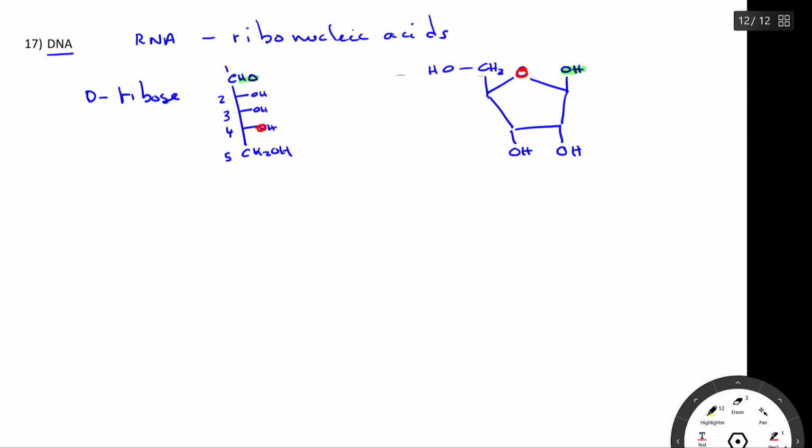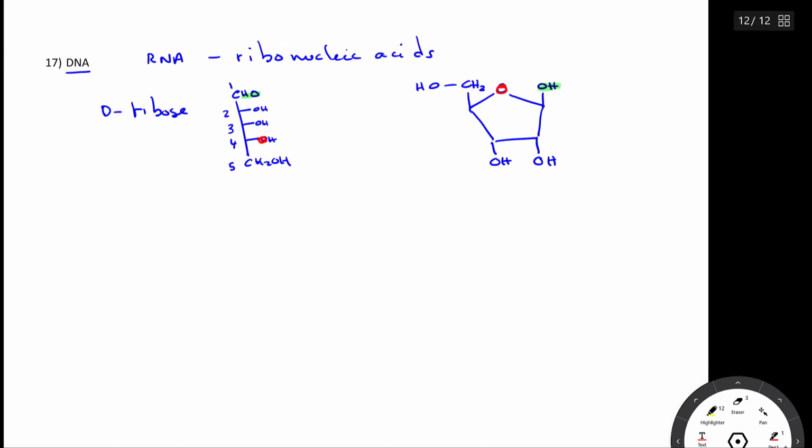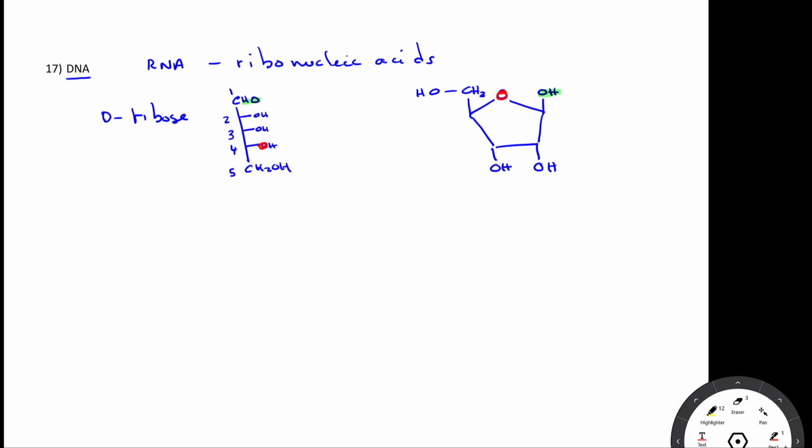Now, I'm not going to spend a lot of time talking about what the different bases are, but the basic structure of RNA looks like this. The bases, which you may or may not know, it just depends on how much biology you've had, or if you've had any at all.